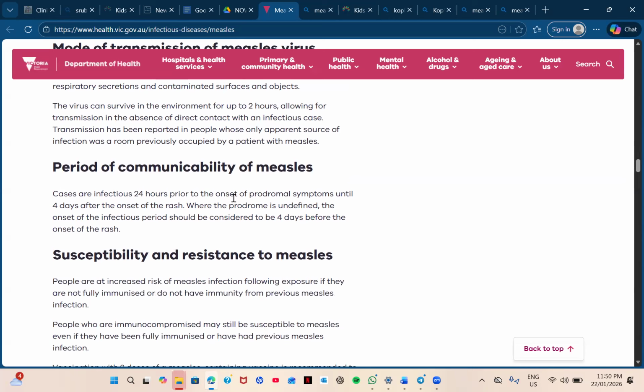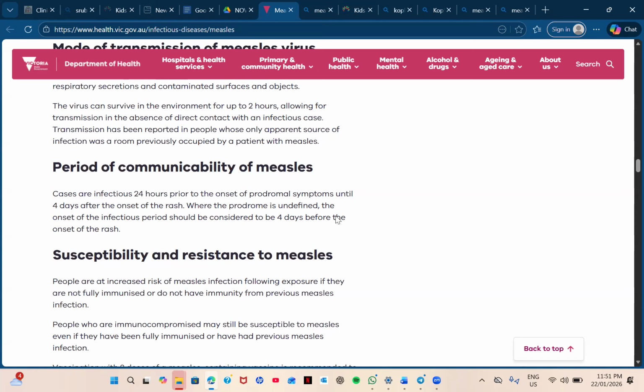Period of communicability: measles cases are infectious from 24 hours prior to the onset of prodromal symptoms until 4 days after onset of rash. Where the prodrome is undefined, the infectious period should be considered to begin 4 days before the onset of rash.